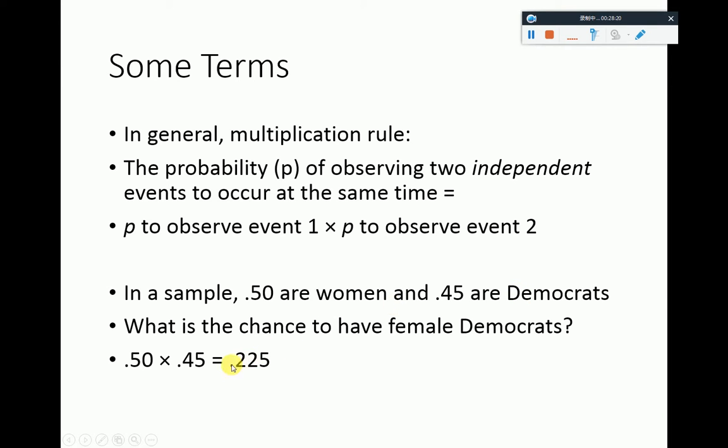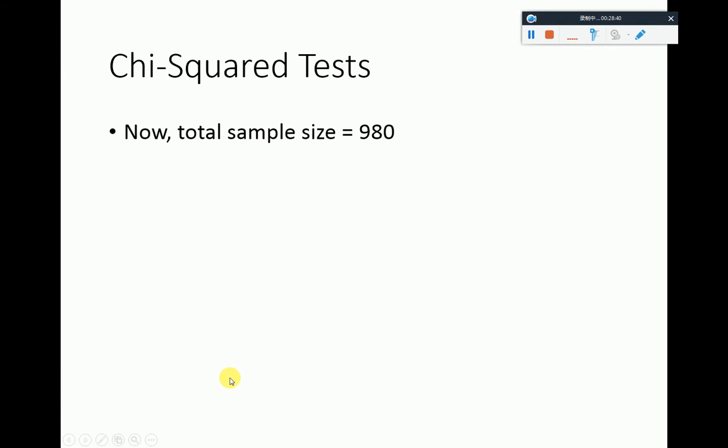So that's exactly how we calculated expected frequency, or our expected probability to observe a combination of two categories if these two categories actually have no association. Independent. Okay?